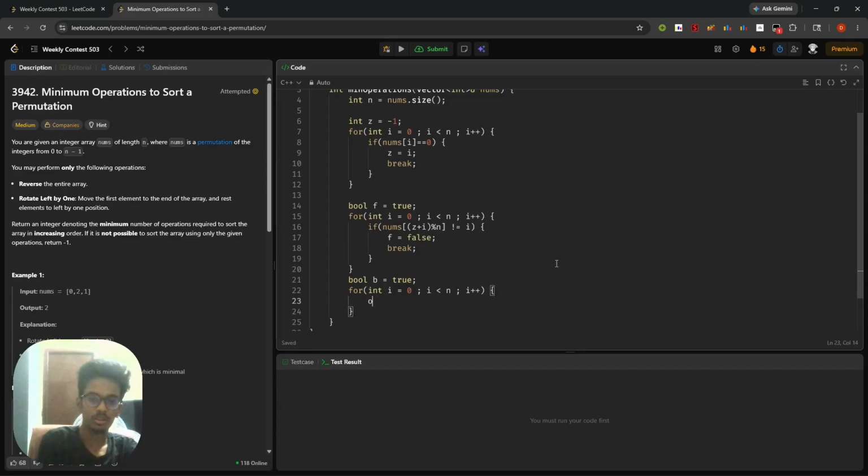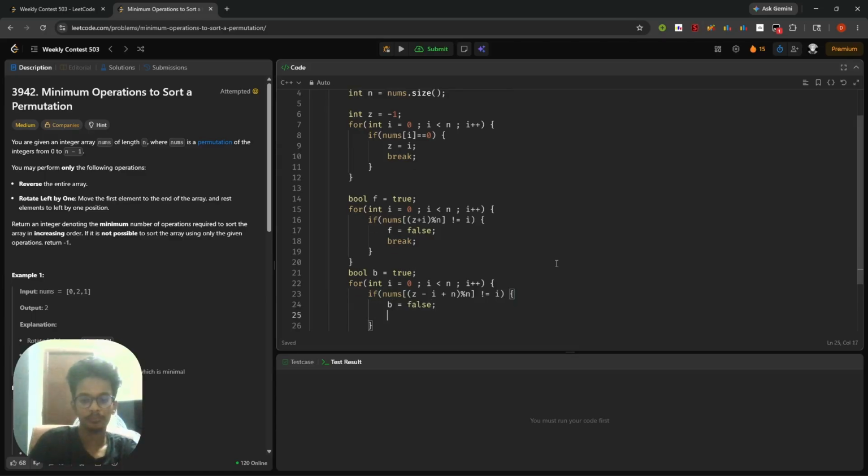If nums of, I hope you know how to traverse an array in a cyclic manner, z minus i plus n, it's basic modulo arithmetic, so modulo n. In subtraction, you basically add plus n, not a big deal. If it's not equal to i, then it's not a backward cycle, and break.